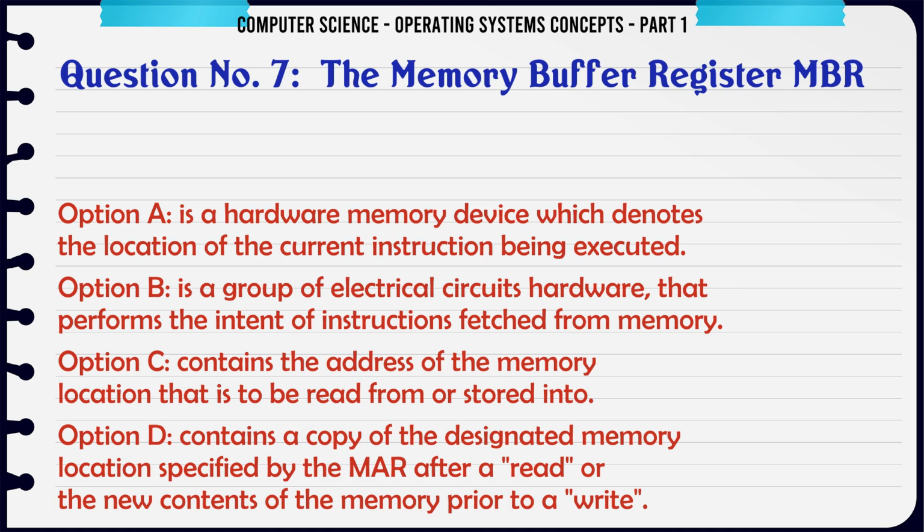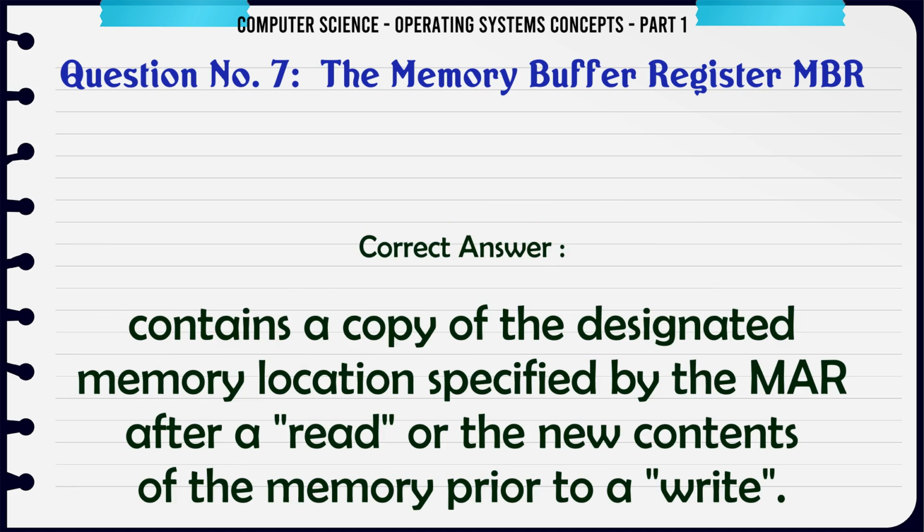D. Contains a copy of the designated memory location specified by the MAR after a read, or the new contents of the memory prior to a write. The correct answer is contains a copy of the designated memory location specified by the MAR after a read, or the new contents of the memory prior to a write.